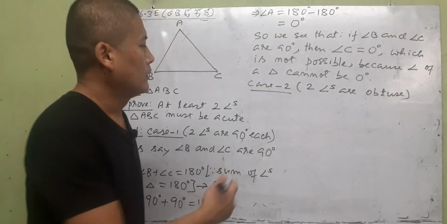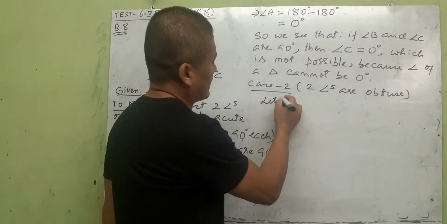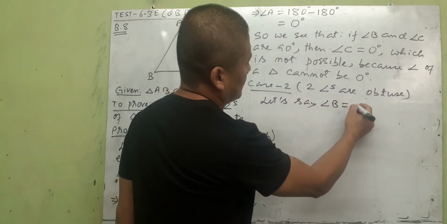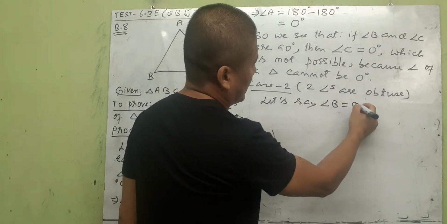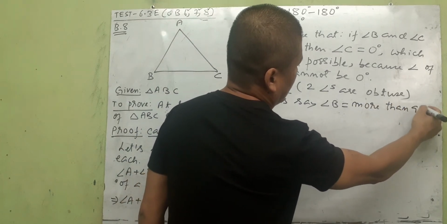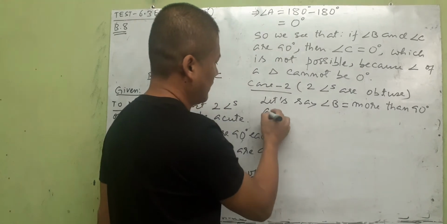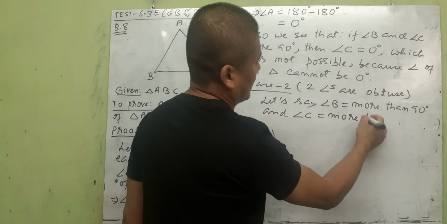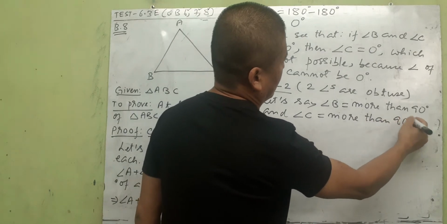Okay, so let's take some real numbers. Let's say two of the angles, B is more than 90, that means obtuse, and angle C also more than 90 degree this time.